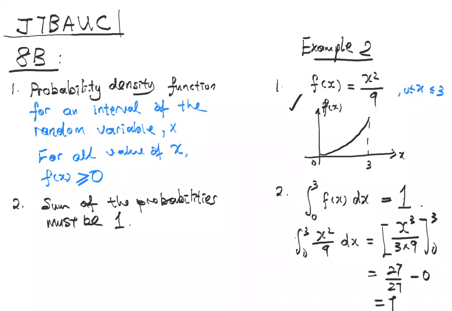Now, based on this, I'm going to continue. Can you tell me from this example, if I want the probability of x equal to 2, what is the answer? 4 over 9? Sure. So now let's go back to what we mean by the probability of x equal to 2.